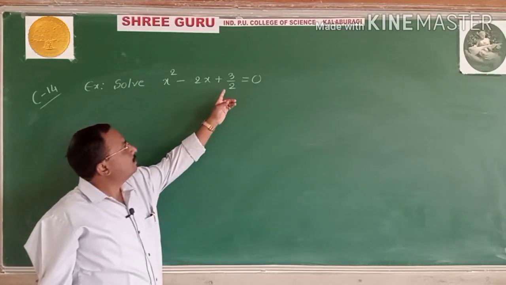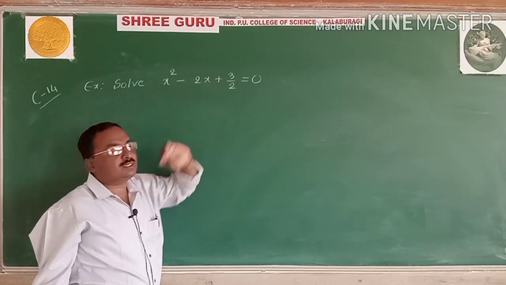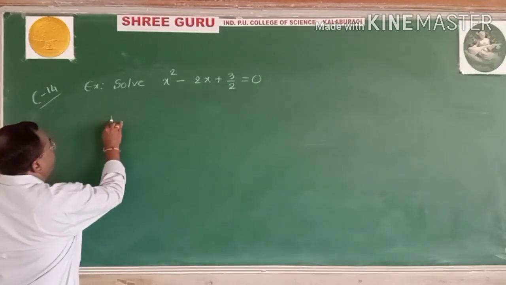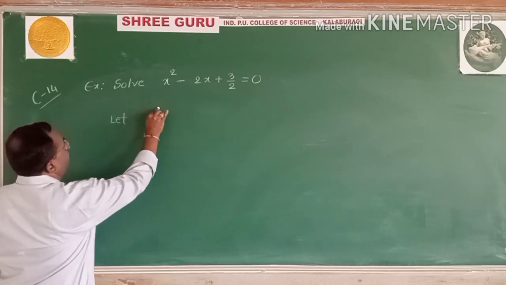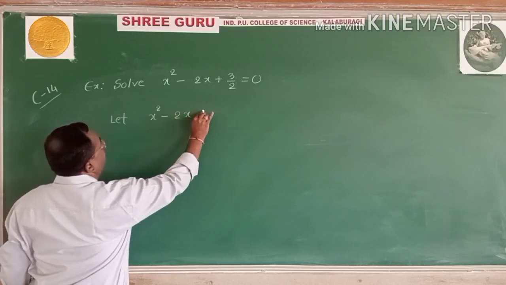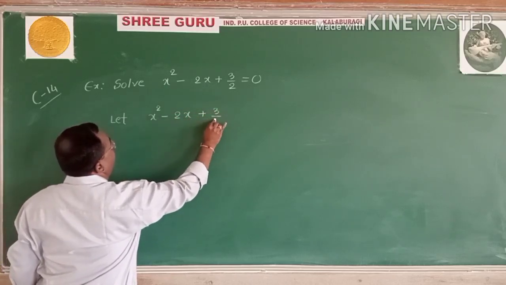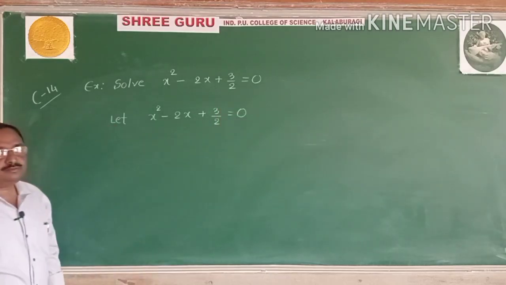Just like the previous one, here a 2 is there, so multiply by 2 on both sides. Let the quadratic equation x square minus 2x plus 3 by 2 is equal to 0 be the equation.